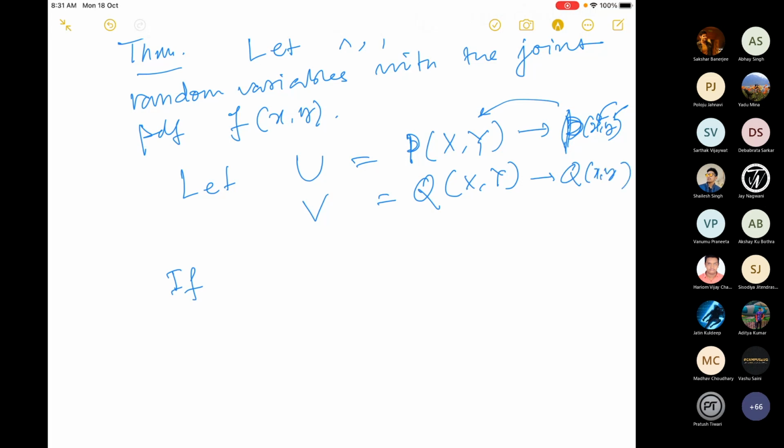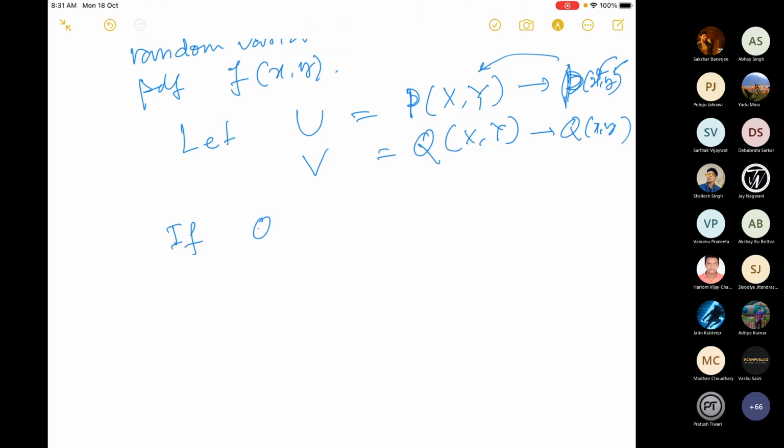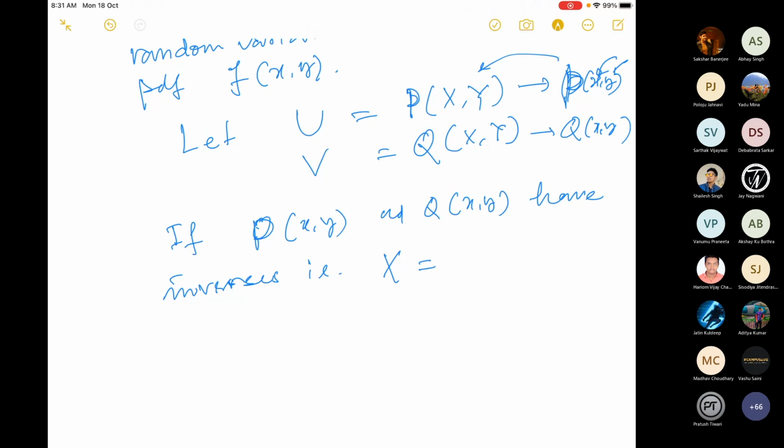Now the theorem says, if p of x y and q of x y have inverses, inverses in the sense that x can be written as some function of u and v.